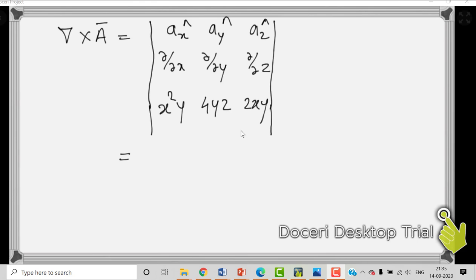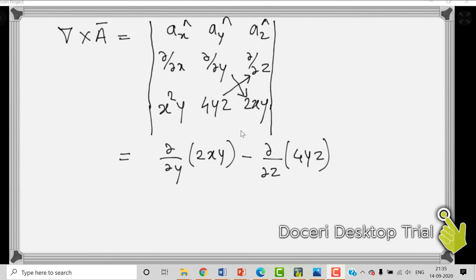The first thing is we have to take dou by dou y of the third-row term and subtract the other quantity. So in brackets: dou by dou y of 2xy minus dou by dou z of 4yz, whole multiplied by ax cap. For the second part, we have to write the minus sign and ay cap in brackets. In brackets what? Now we have to skip the middle column.